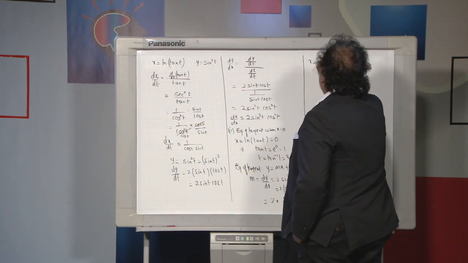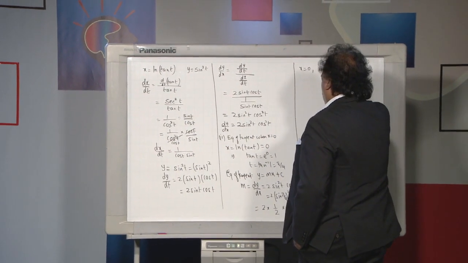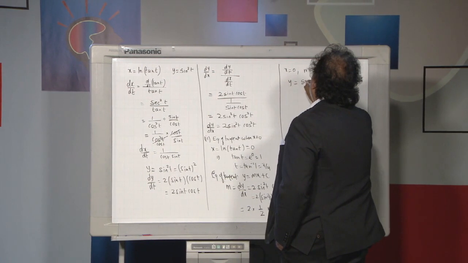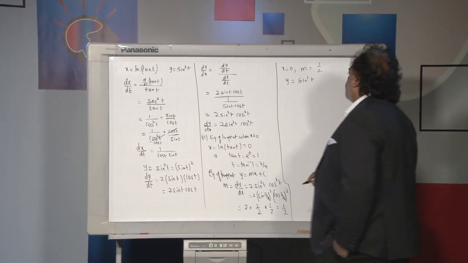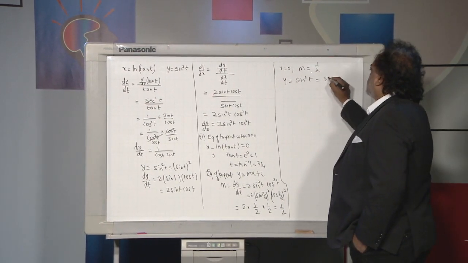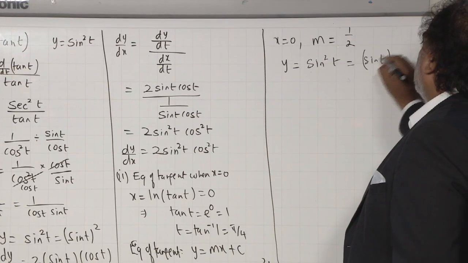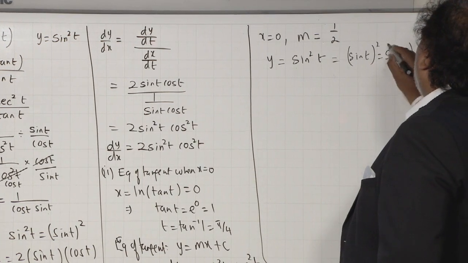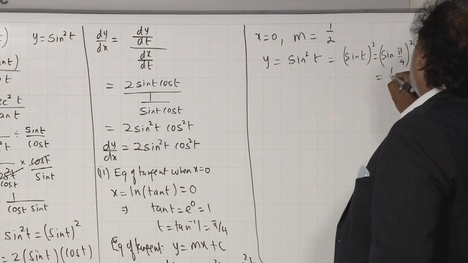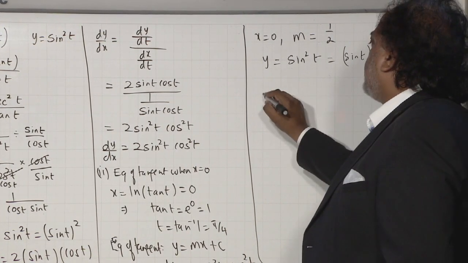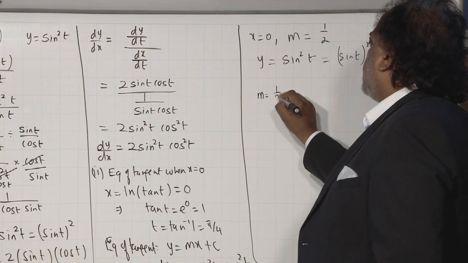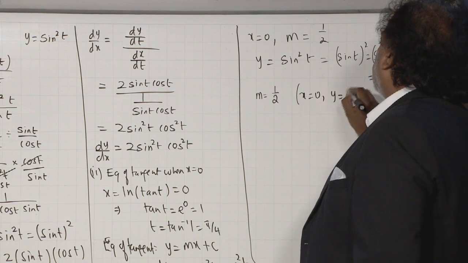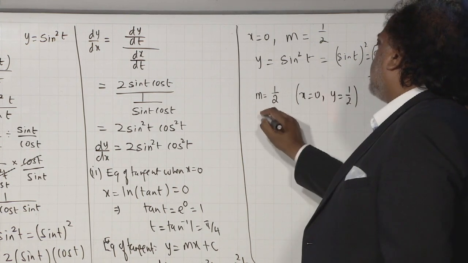We know that x is equal to 0, and we have got half. We need to find y. Y is sine square t, so it is sine t to the squared, sine pi by 4 squared, which is half. So the gradient of the tangent is half. The point is x equal to 0, y equal to half.